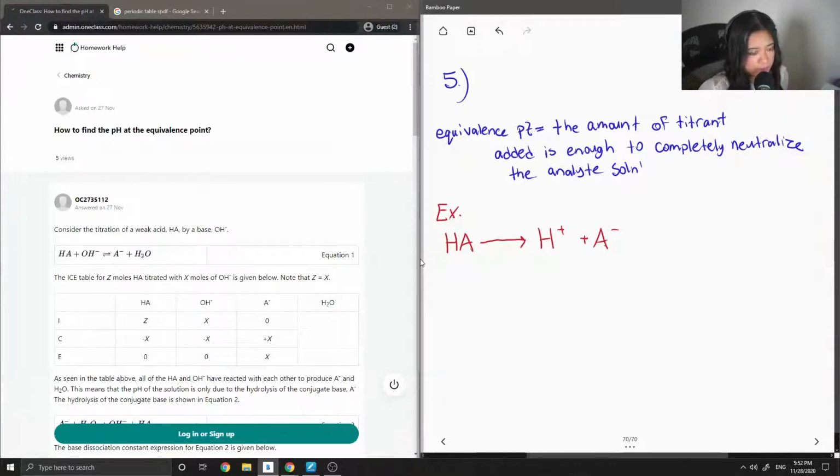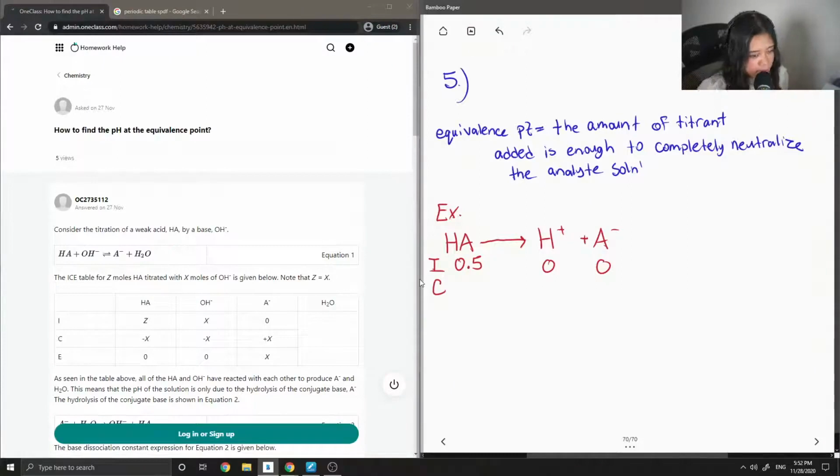If the concentration of HA was, let's say, 0.5, this is the initial concentration of our reactant, and initially we have a concentration of 0 for both of our products.